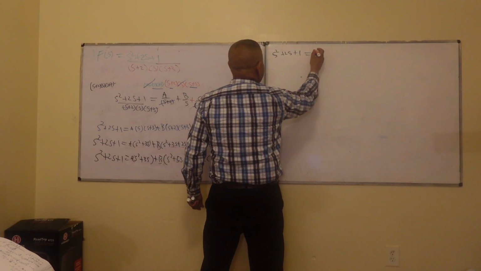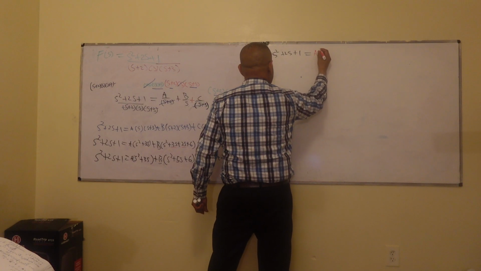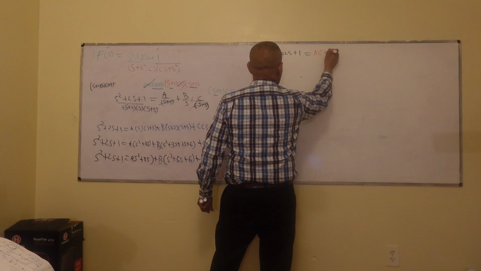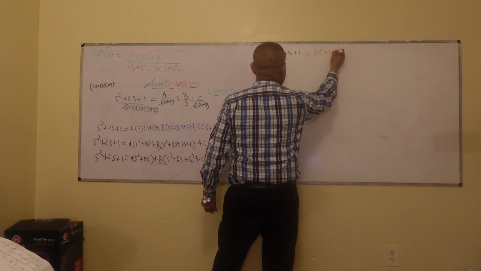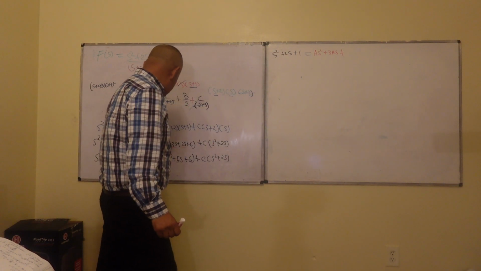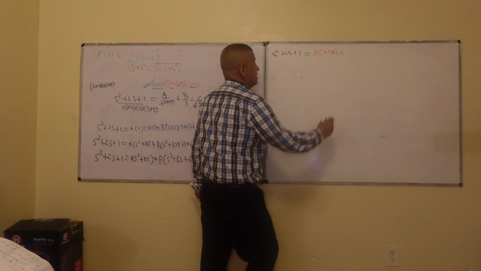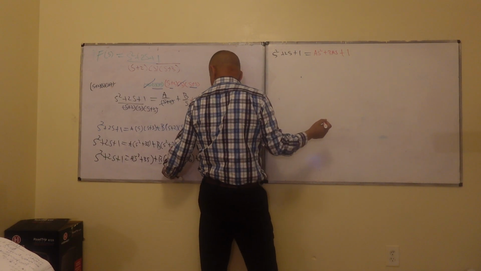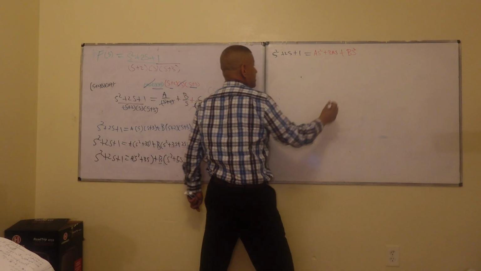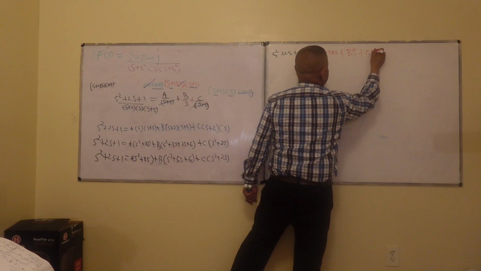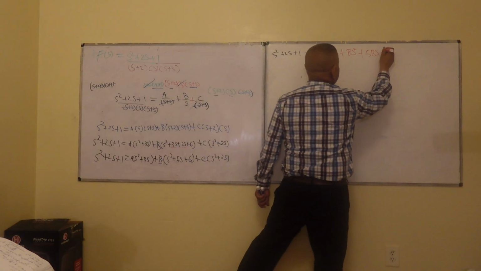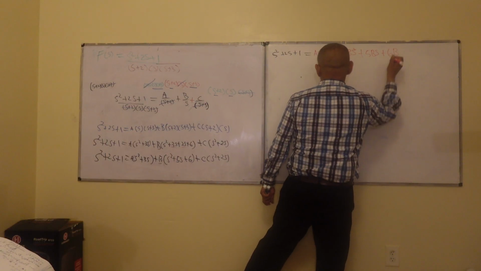I said a s squared plus 3as plus b plus bs squared plus 5bs plus 6b.